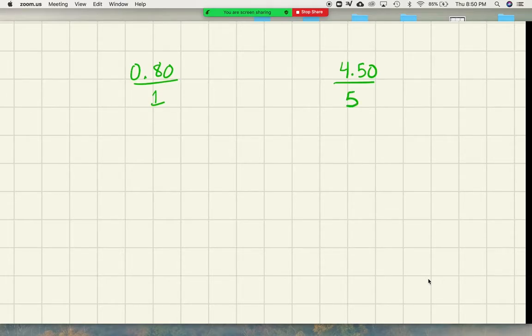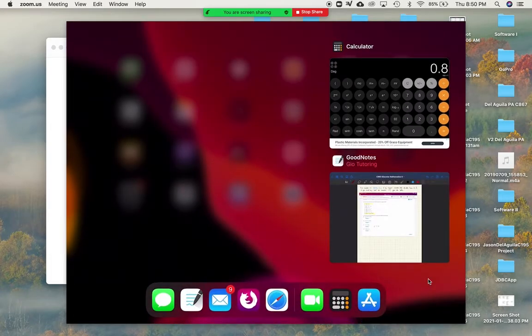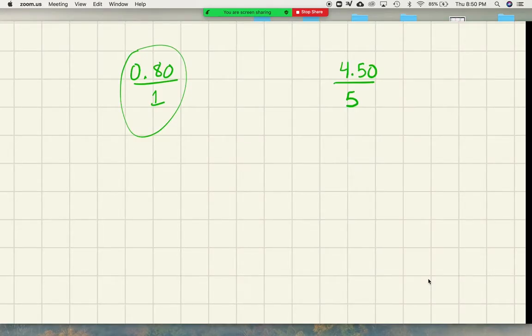So this would be the unit price or the unit rate because the bottom number is a 1. So if you did 0.80 divided by 1, you get the same thing, 0.8 or 0.80, same thing. So this is already the unit price or unit rate.